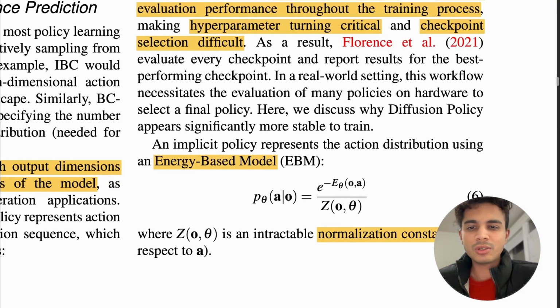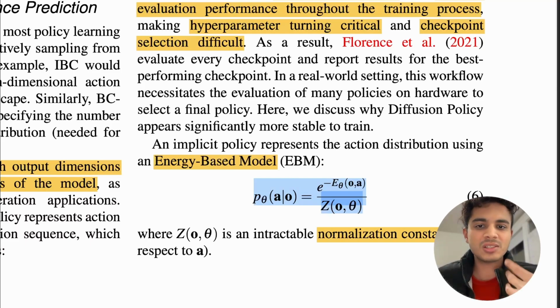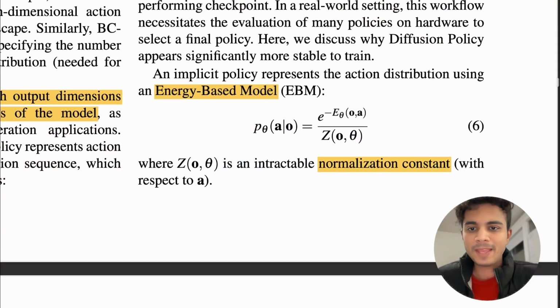Fine. So let's look into what implicit behavior cloning was doing. An implicit policy represents the action distribution using the energy based model, EBM. Right, this is what their action distribution model was. And what they had was Z, of observation and theta, the intractable normalization constant, of course with respect to that particular action.